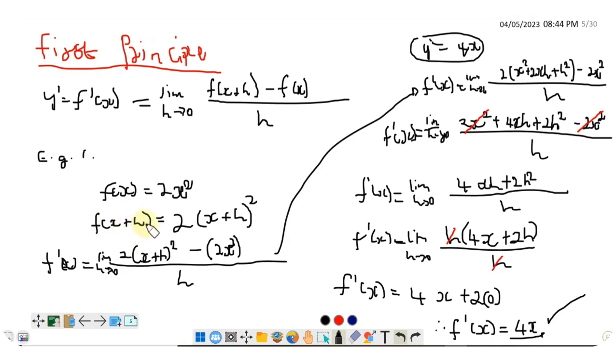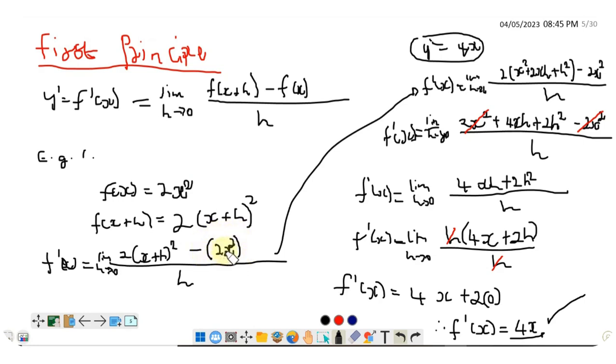Where you see x, you write x plus h in brackets, with the square outside. Then you go to the formula and substitute: f(x plus h) is this one that I just did, minus f(x). You put f(x) in brackets as well.